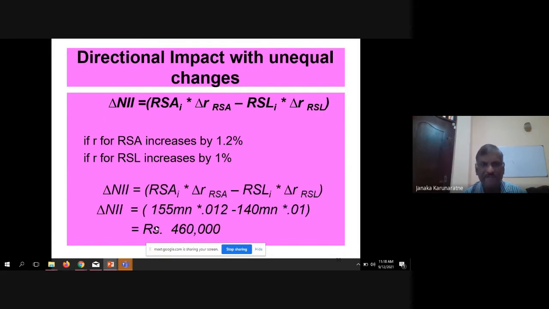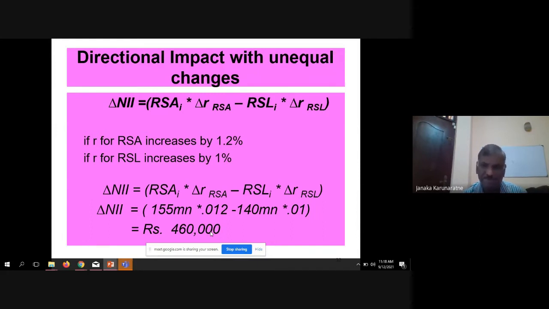Then what is the directional impact? So RSA is 155, remember we computed 155 rate sensitive assets, times 1.2%, meaning 0.012, minus RSL 140, which we computed earlier, and it will only increase by 1%, 0.01. So the impact would be 460,000.